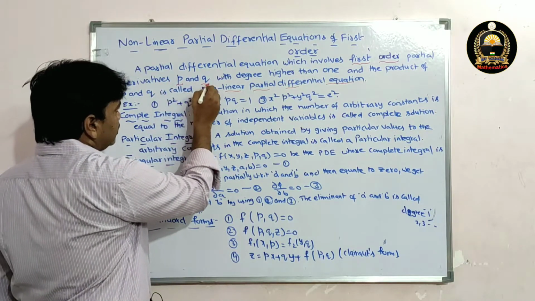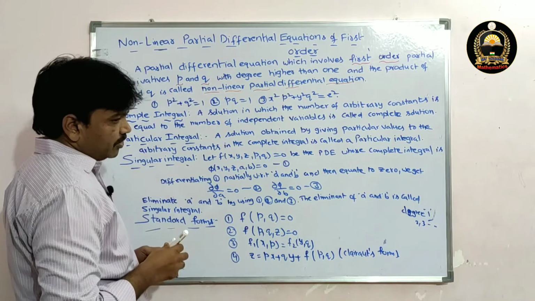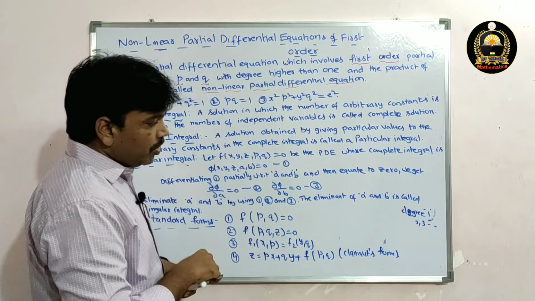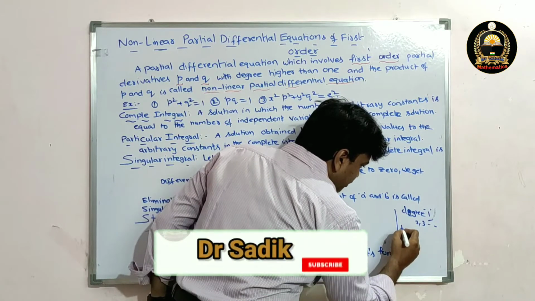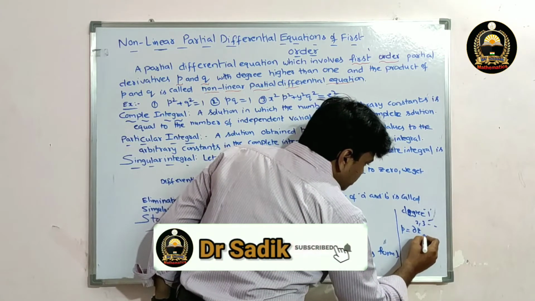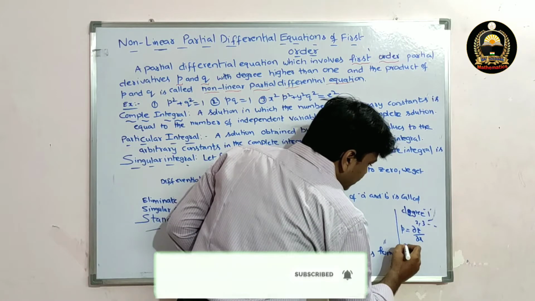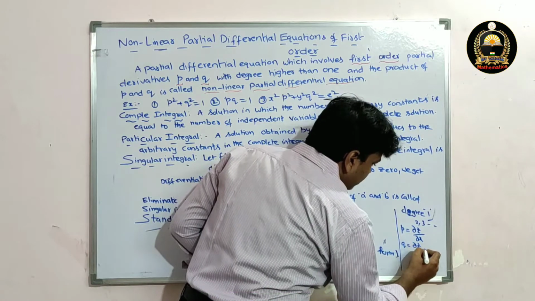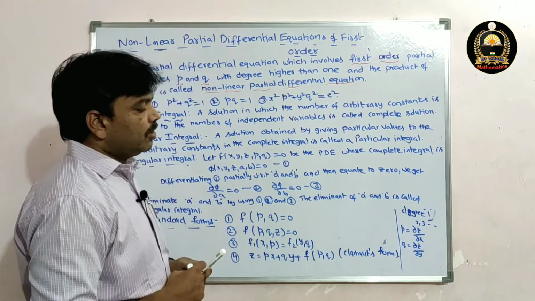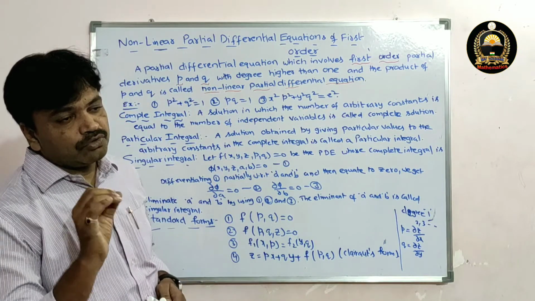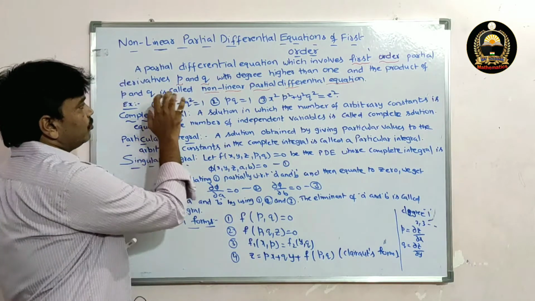P and Q. What is p? P is equal to dou z by dou x, and Q means dou z by dou y.